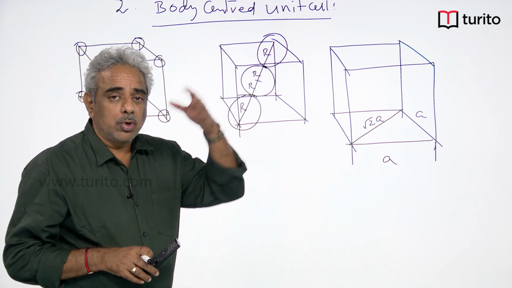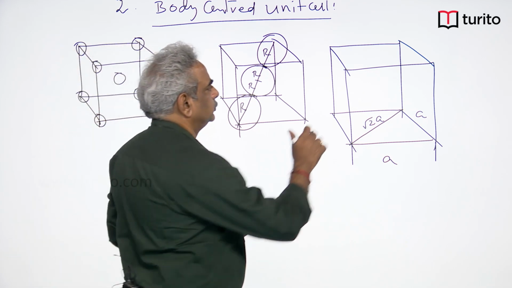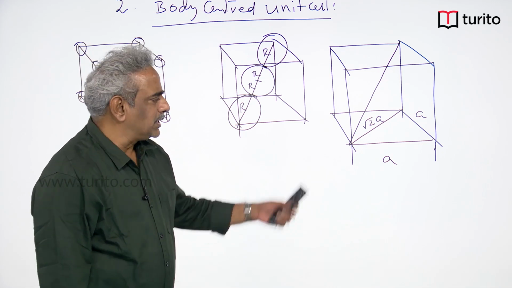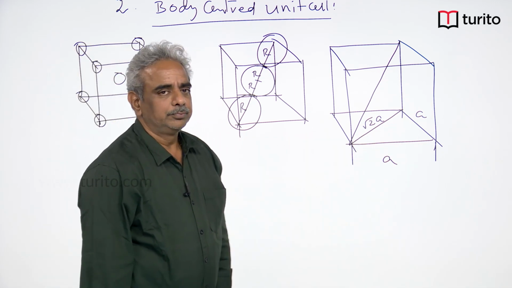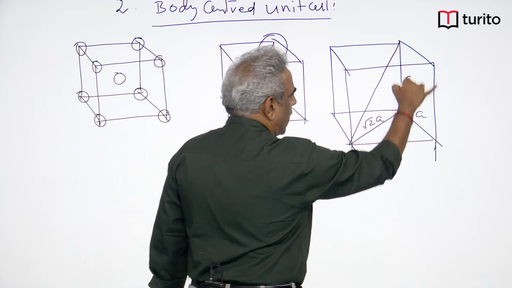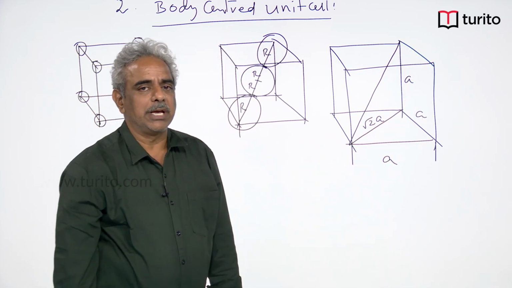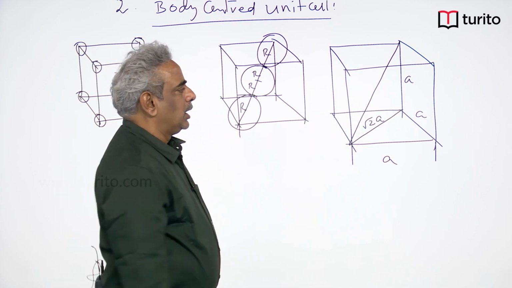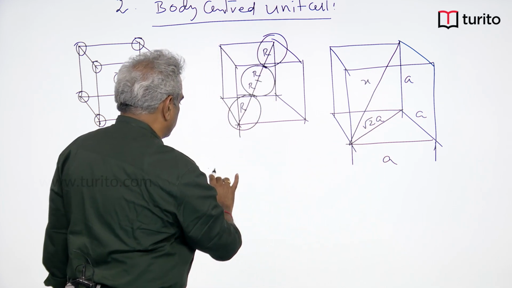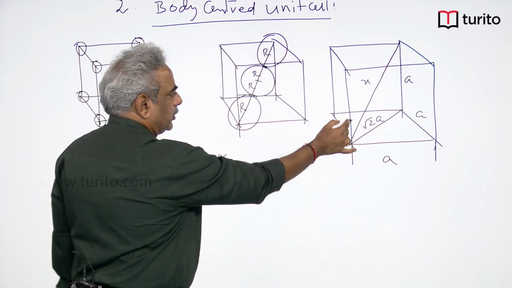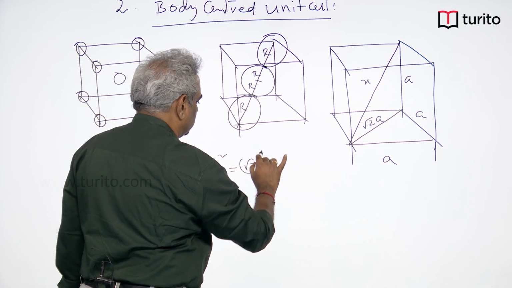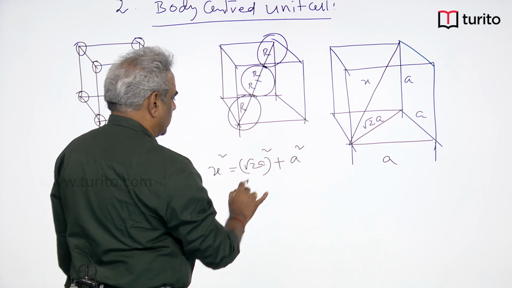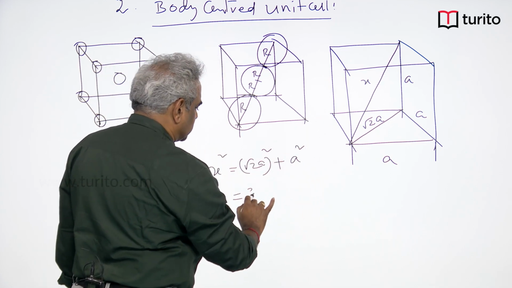Now, I would like to know the body diagonal length, I mean this length. How to calculate that? Very simple. This is on the bottom, root 2 A, and this is A, the height, because all sides are of the same length. Let us think this is x. So x square equals root 2 A whole square plus A square, that gives 2A square plus A square, which is 3A square.